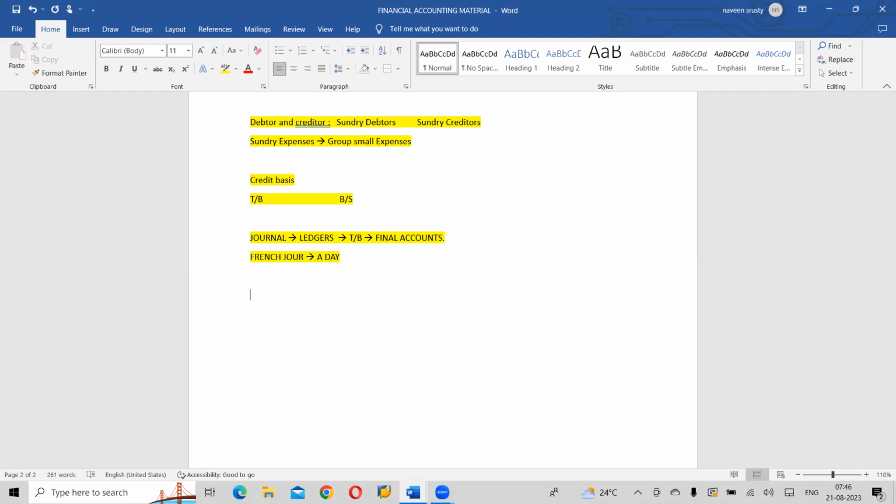Every debit will have a corresponding credit with the equal amount. Same thing, for every credit, there will be a corresponding debit with the equal amount. So if one account is debited, then the credit will be one account or multiple accounts with equal amounts. That is called bookkeeping.